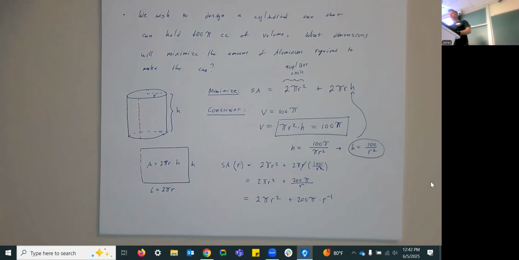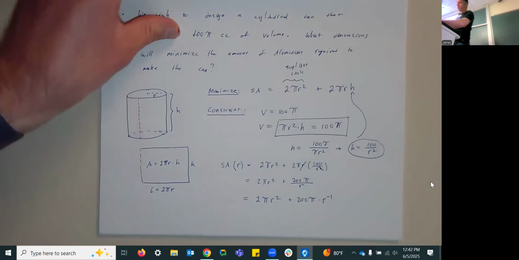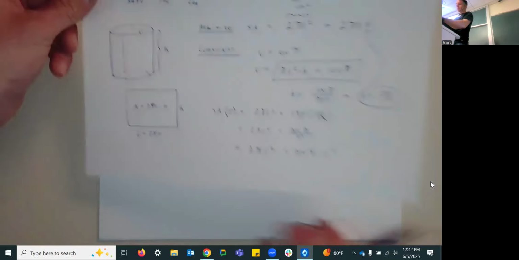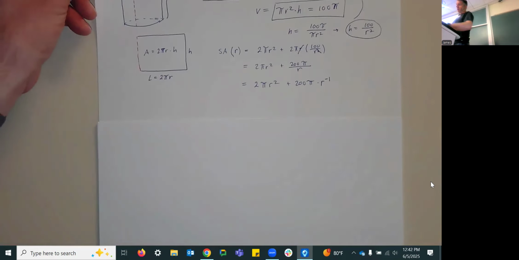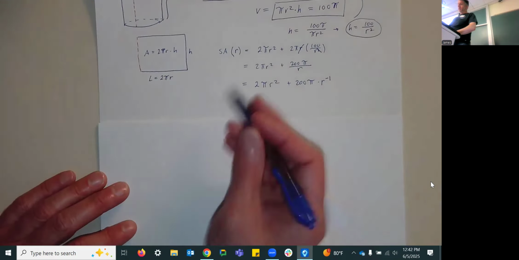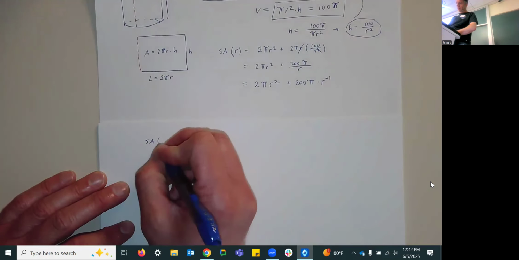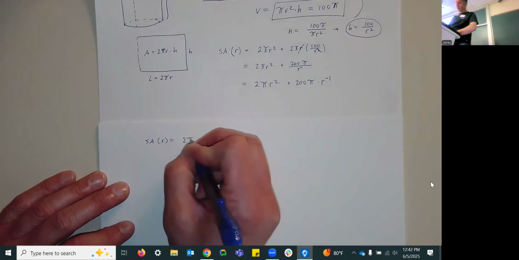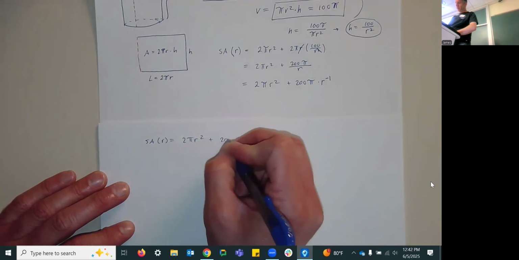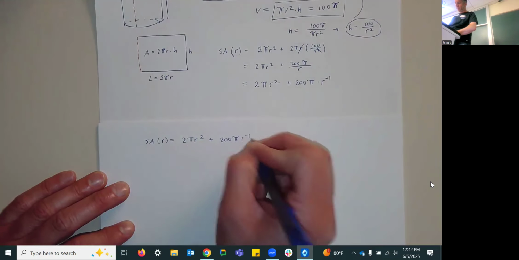I'm a big proponent of simplifying your function before you have to take its derivative. It's going to make your life easier generally. All right, so now we are going to take the derivative here. Let me write the function again, just in case this page gets lost here. So the function is 2 pi r squared plus 200 pi times r to the negative 1.